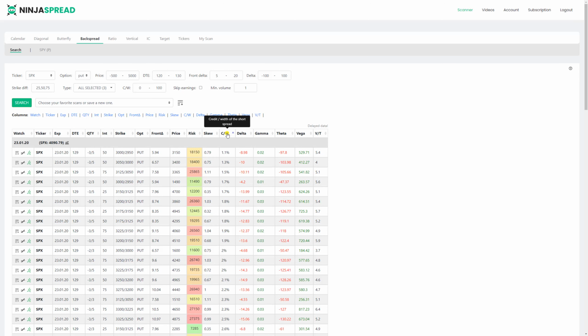And with minimum CW, you can define how far you should be able to sell the credit spread in this backspread. The lower the CW is, the more out of the money the whole thing is. So if you are interested, you can define like 10 or 5.